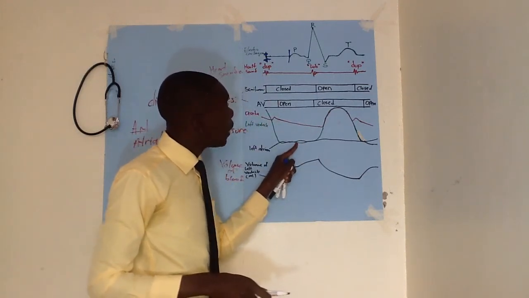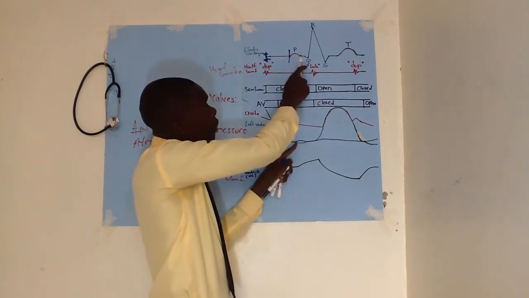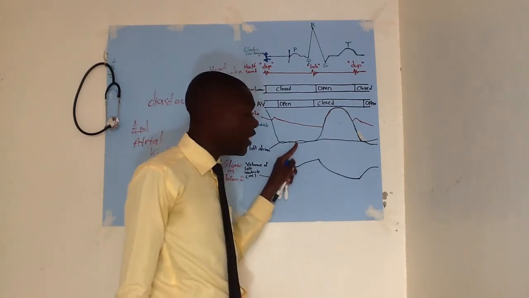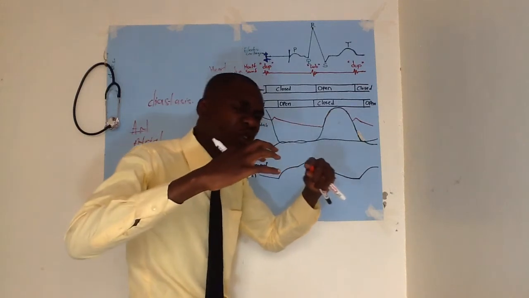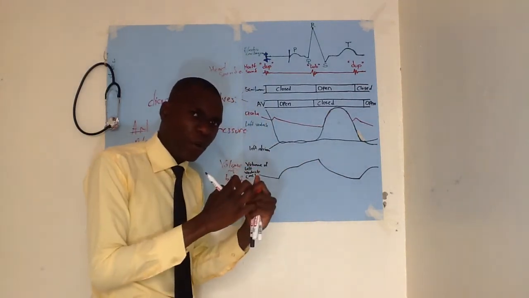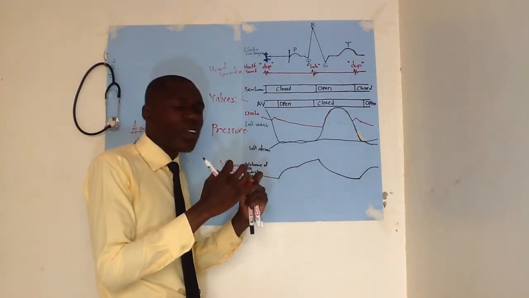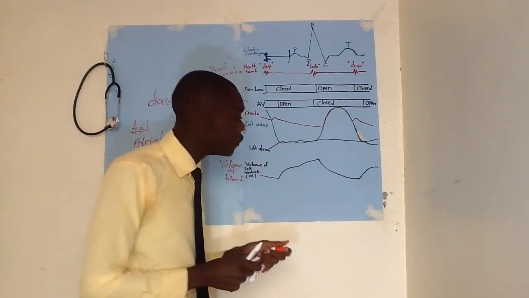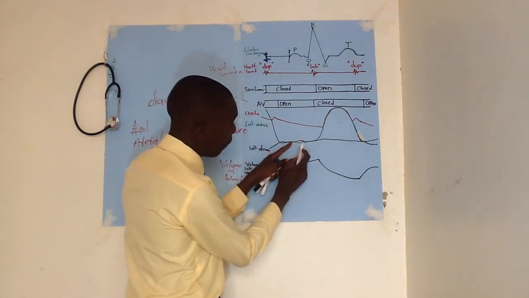So at this point, at the P wave, the atrial myocardium has undergone depolarization. It is contracting. As soon as it contracts, it is going to increase the pressure. So when it contracts, the pressure within the atrium increases. So you can see this is our atrium.